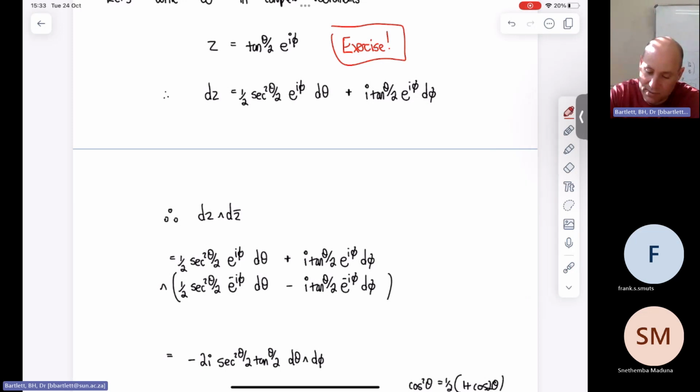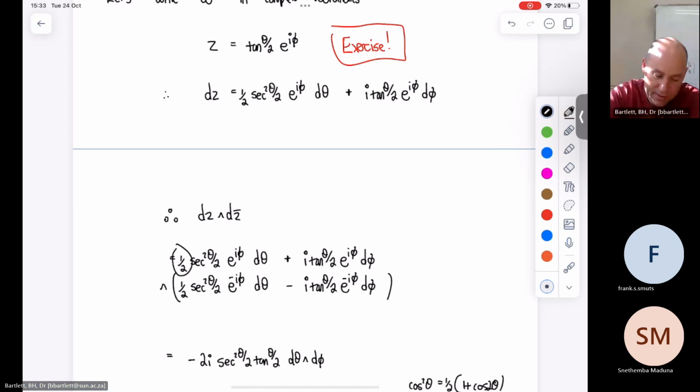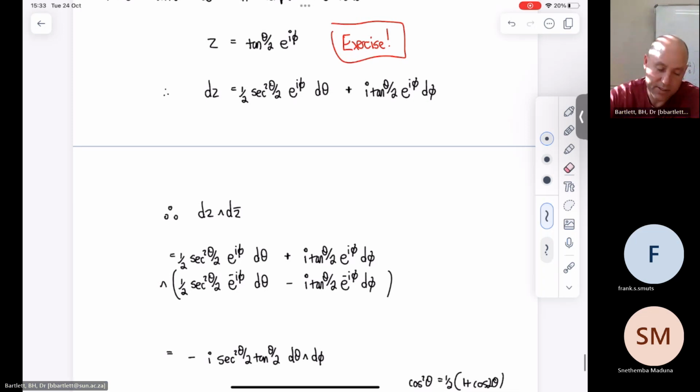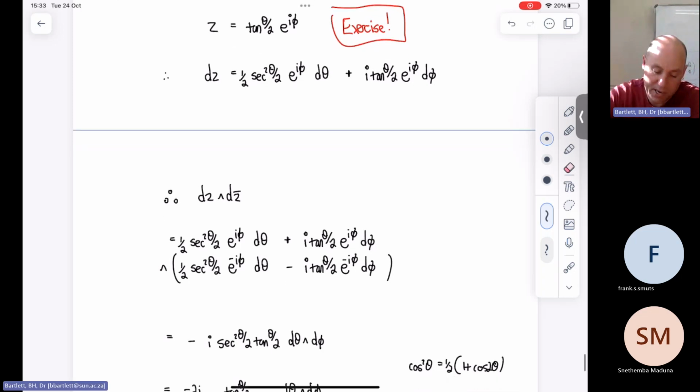That seems a little bit wrong. I've got a half here. That came from differentiating the half in front here. So I think I can eliminate this 2. Okay, good. So that's what dz wedge dz bar is.